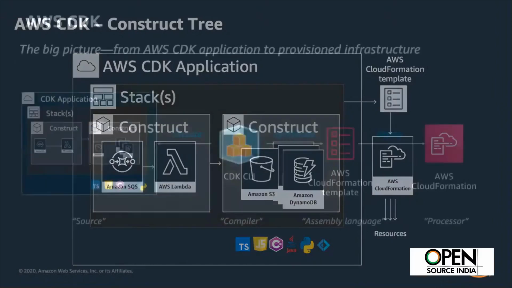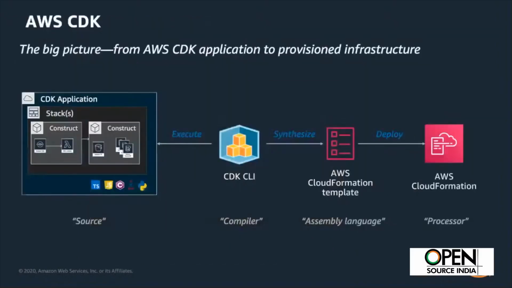Just taking another big picture view of the same thing: you define your application, you define the source code, you use the CDK CLI to synthesize this, or synth, both commands are okay, to create a CloudFormation template. And you can also use the CDK CLI to go ahead and deploy it to CloudFormation.